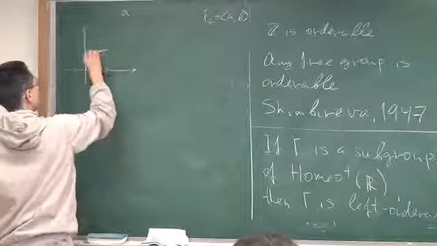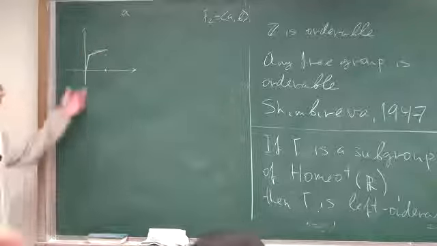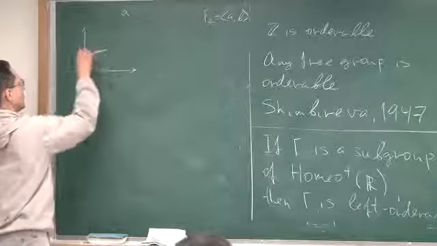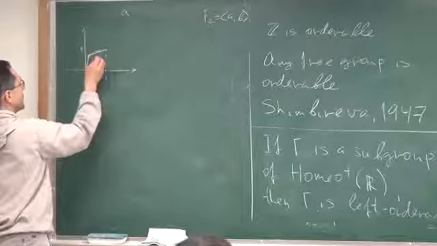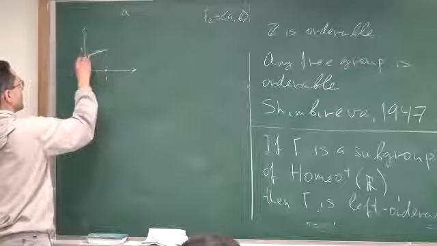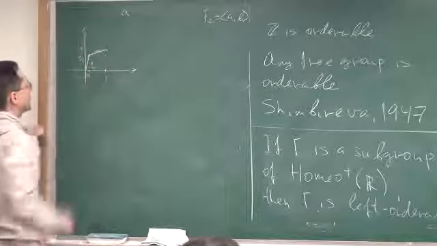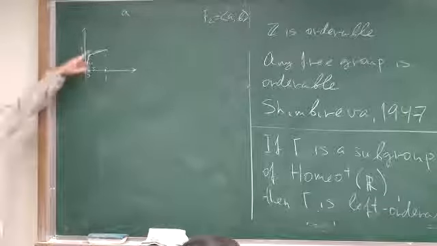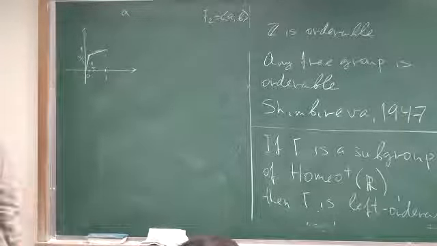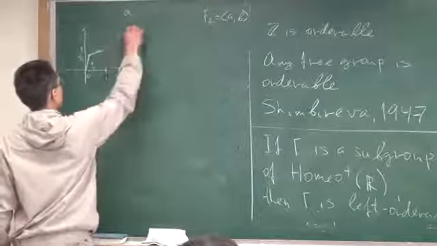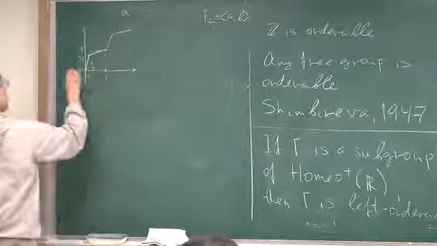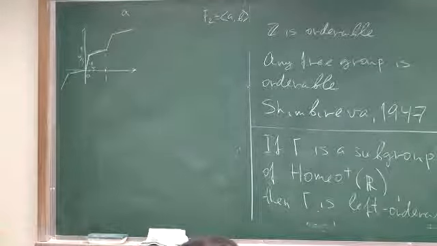This is a piecewise linear homeomorphism of the interval, from 0 to 1 and 0 to 1. Take this point to be 4/5, and take this point to be 1/5. Piecewise linear, and then you repeat it periodically, and so on. This is 1.